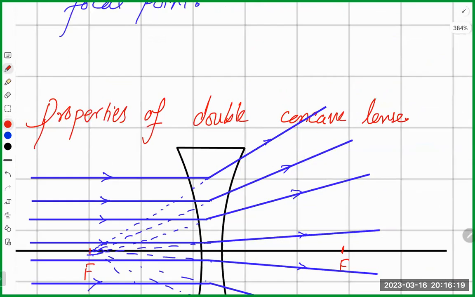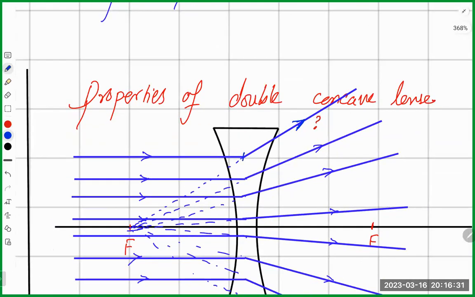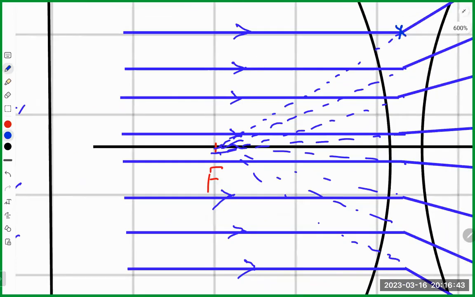Listen, if you want to know how much this light ray will bend away, okay, how much is this light ray supposed to bend away? The answer is that if this is the point you're looking at, you connect this point to the focal point over here. This is the focal point.